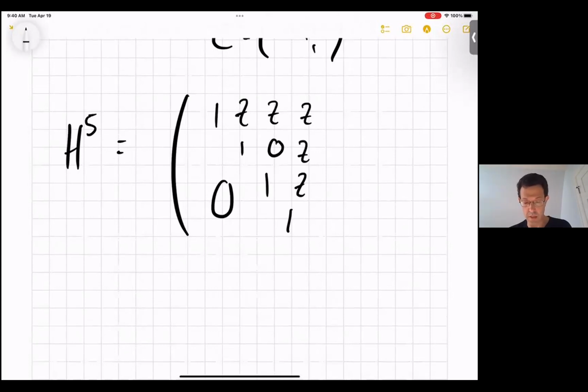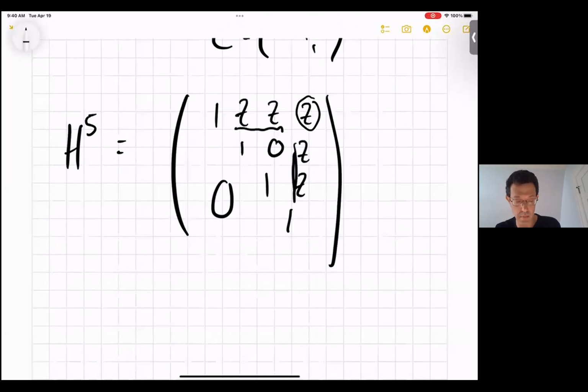So the central element is going to be when you have 1 in this top right corner, and 0 elsewhere. And the A's are going to correspond to the top row, and the B's correspond to the last column. Okay, and you can check that this is a group. So this is really concrete matrix groups. And again, you have to prove that H5 is the same group as the presentation that I wrote.